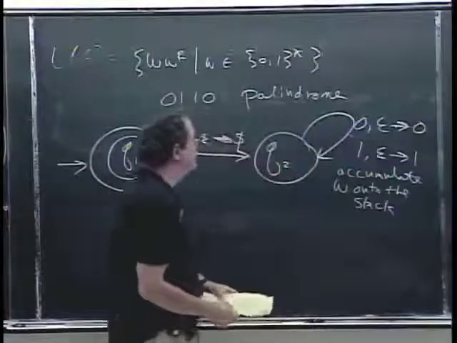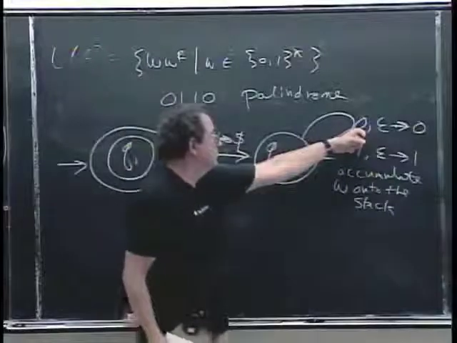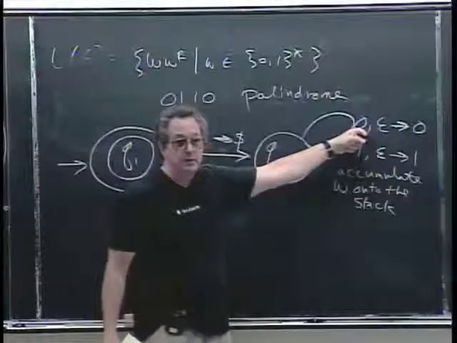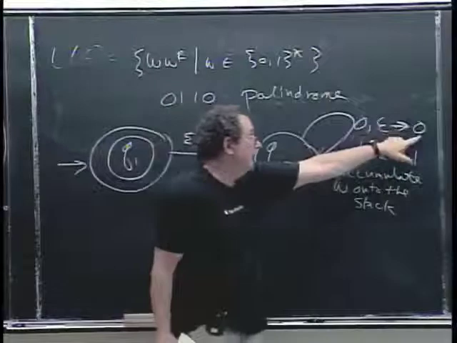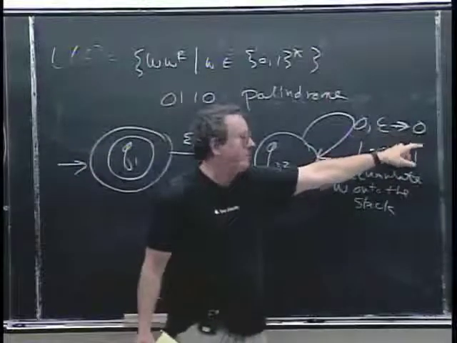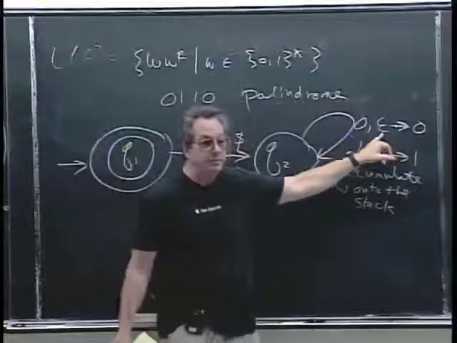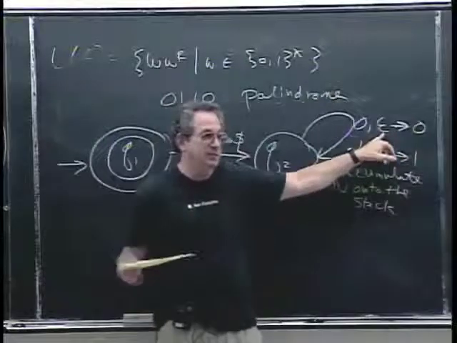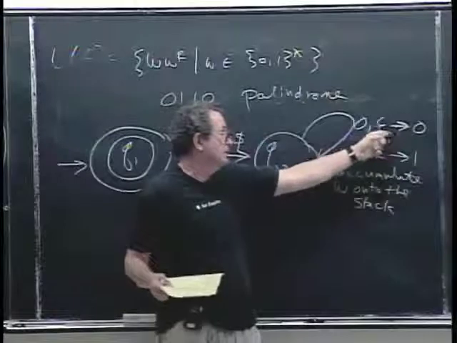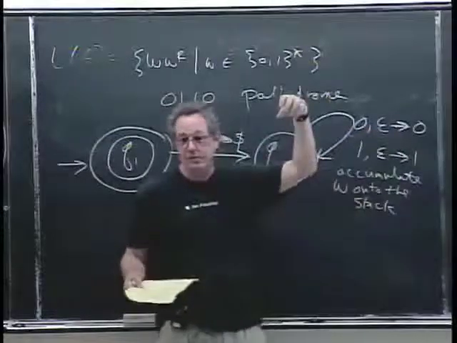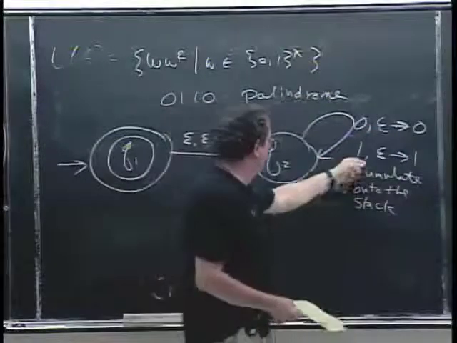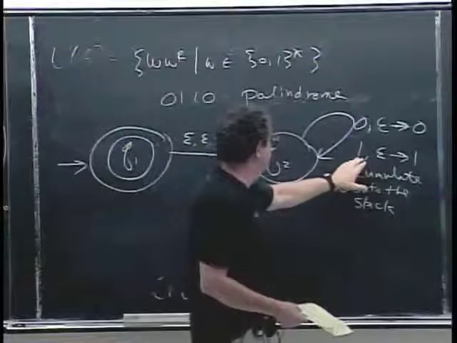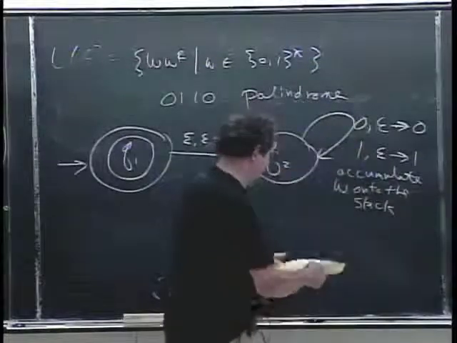All it's really doing is taking whatever it reads on the input and making a copy, pushing that onto the stack. It's not popping anything because it's reading epsilon. You can think of it as popping epsilon, okay? But so now the stack is growing in size, and here it's growing in size also, but by a 1 if that's what is being read in the input.